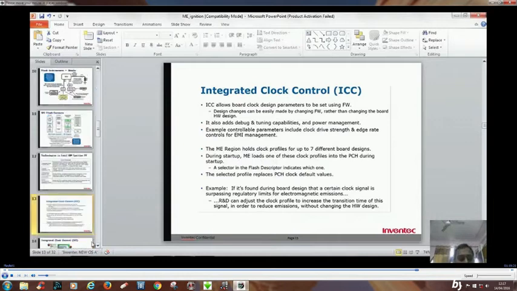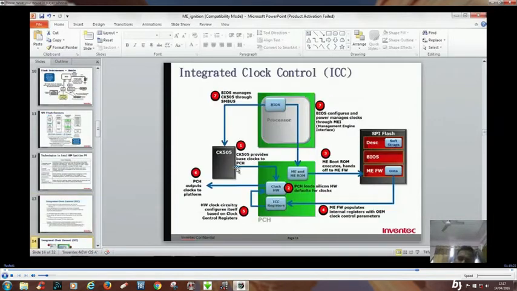In the next slide you can understand this very well, because this is the crux of how crucial the AMI region is, and why, when the AMI region gets corrupted, your board restarts after every 30 minutes or every 15 minutes. Why does it happen? You can understand this from this diagram.